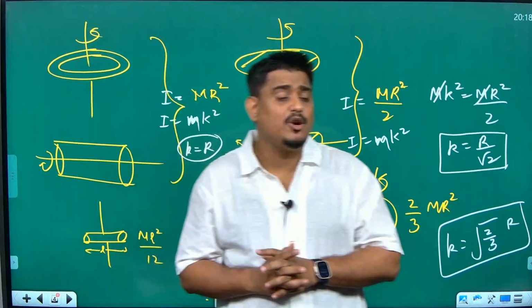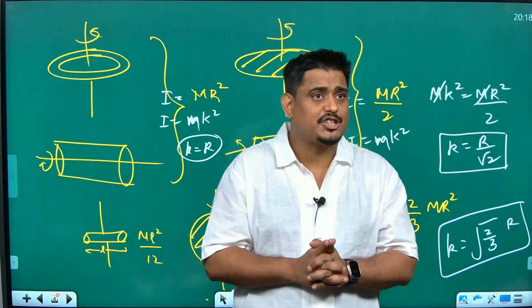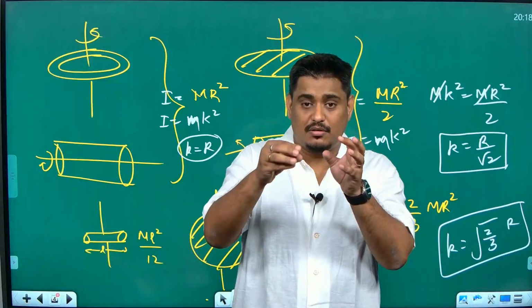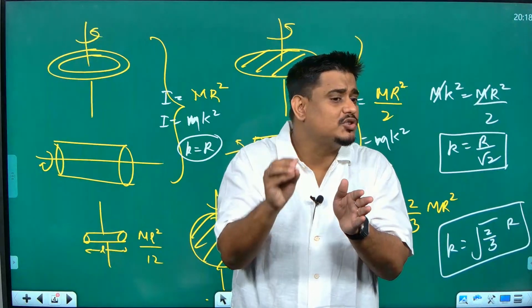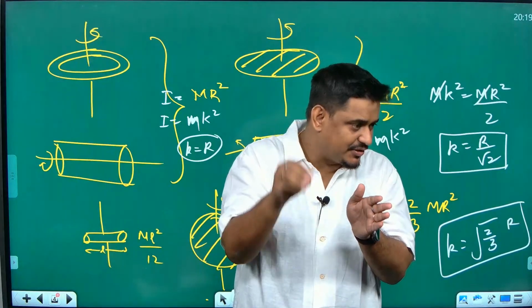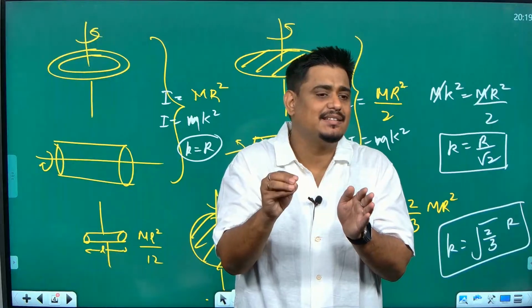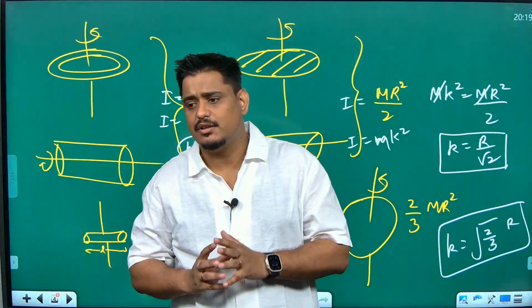Then we learned the meaning of radius of gyration: it is the distance from the rotational axis of a point where, if the whole mass of the object is concentrated, the moment of inertia will be the same as it has in the actual distribution of mass. And we found the radius of gyration of different shapes.